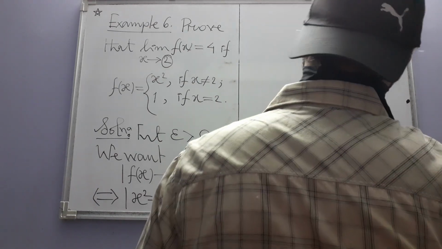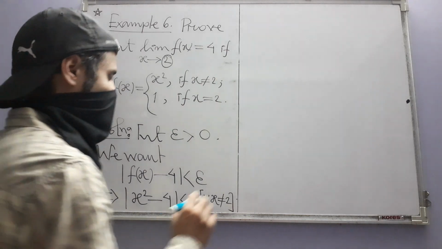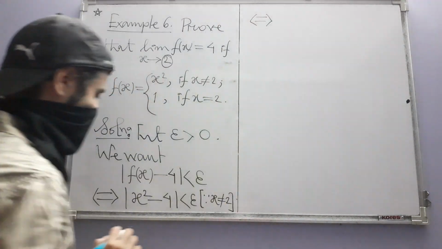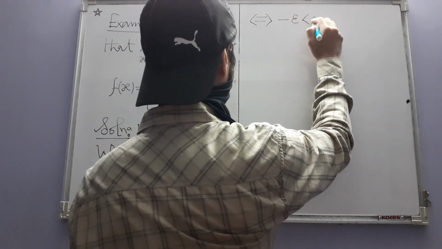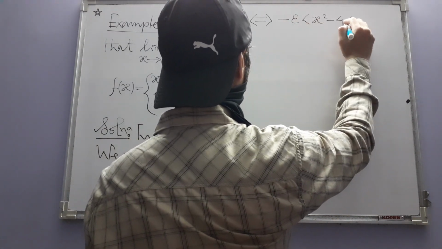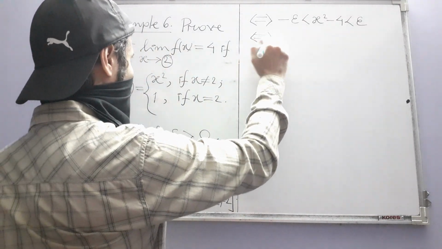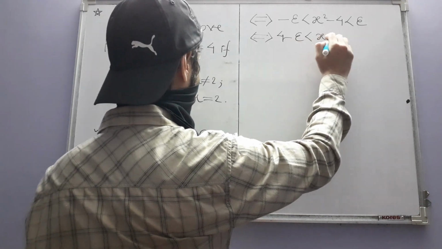But now if we simply go on with the calculation, there will be a point where we will have to make further assumptions. Okay, till this it's okay. Simple algebra, 4 minus epsilon.